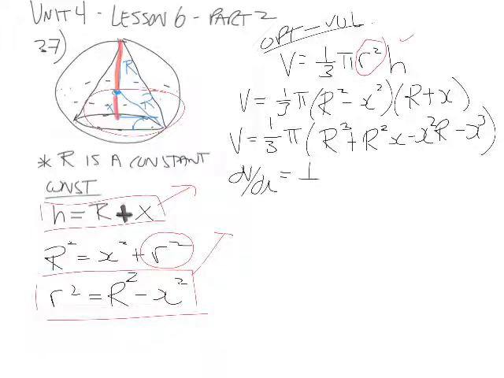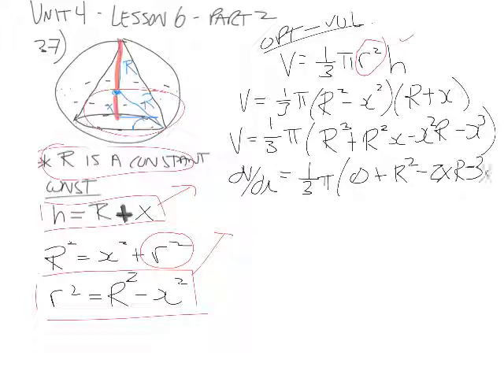I'm going to leave the 1/3 pi out front since it's common to all of them. R cubed, remember, R is a constant, so the derivative of R cubed is 0. Plus the derivative of R squared x is R squared, so I'm left with R squared minus 2xR minus 3x squared.